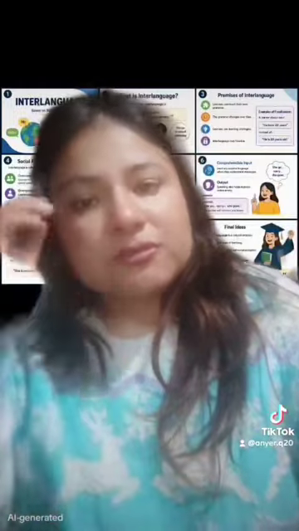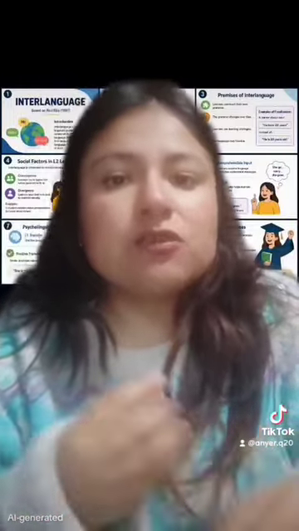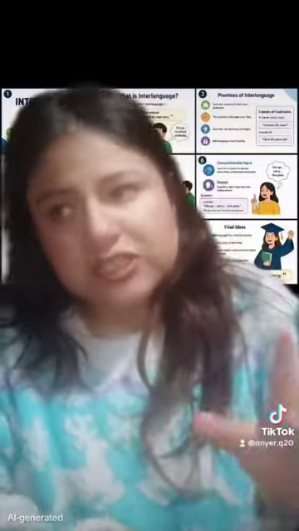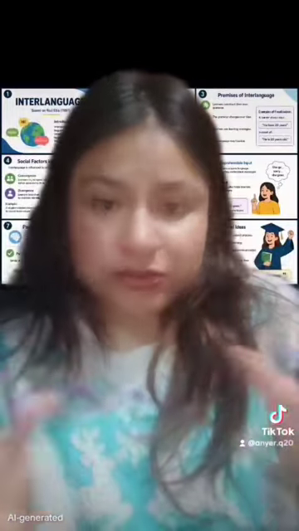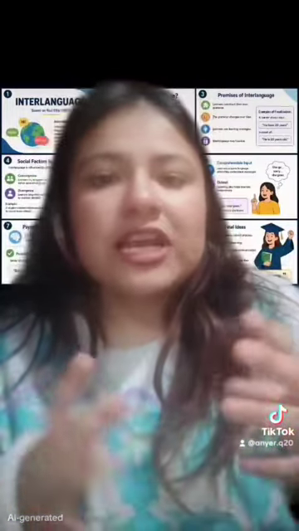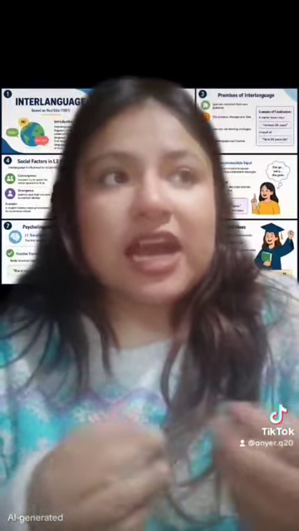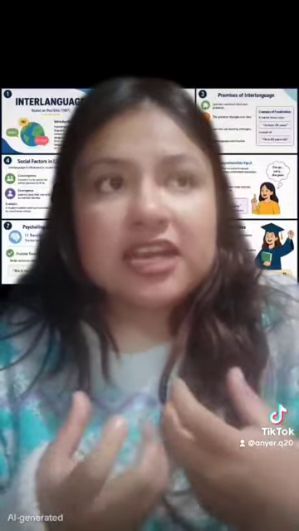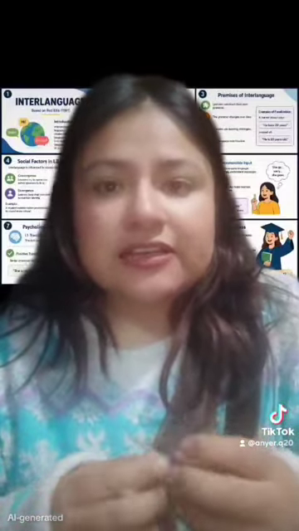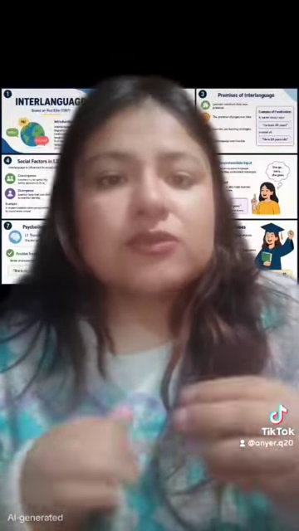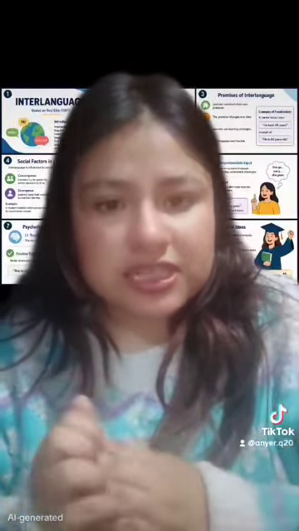The critical period states that children learn languages more easily than adults. What is the conclusion in this aspect? Interlanguage is a natural process. First, second, error is a part of learning, and social interaction is essential in this course because in real conversation learners gradually improve their language system.